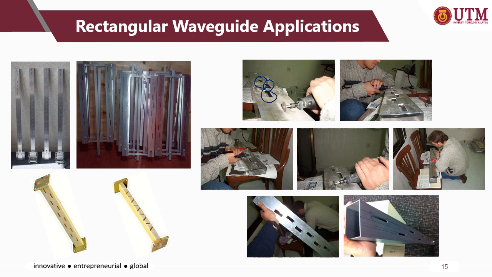It will affect the efficiency of the transmission. So later we will look at this design, and you can simulate how the input signal is transmitted through the waveguide structure.